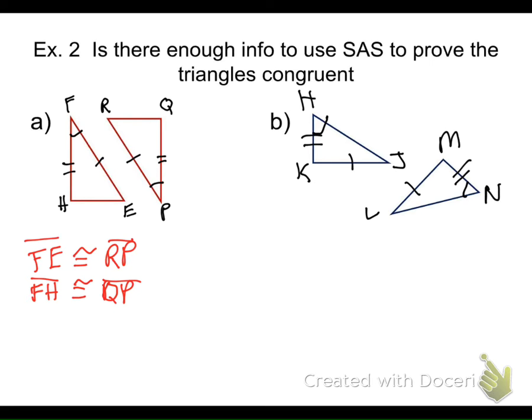What do we have? Exactly right, thank you. Angle F is congruent to angle P. So, do we have enough information to see if these are congruent based on side, angle, side? We do. We have the two sides that are congruent, and then the included angle between those sides is also congruent. So, yes, we can use SAS.